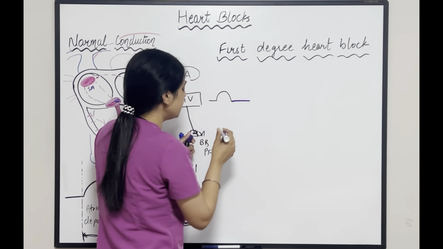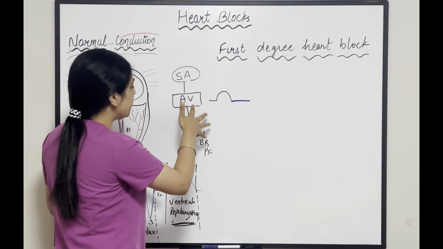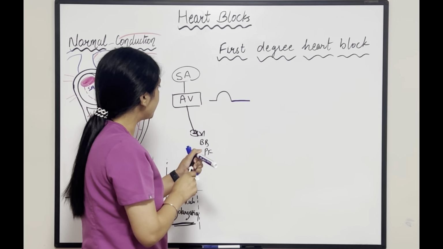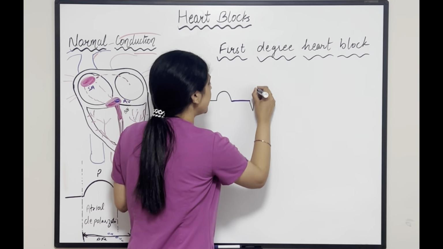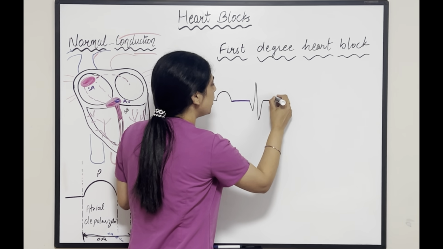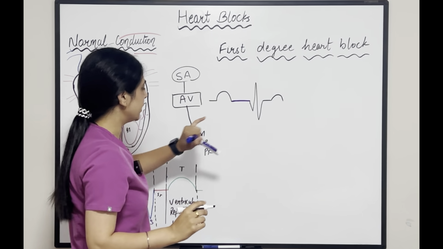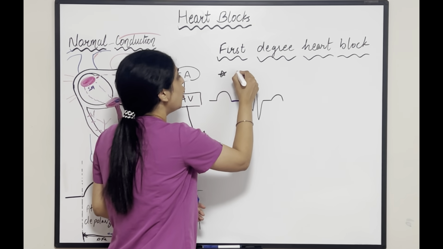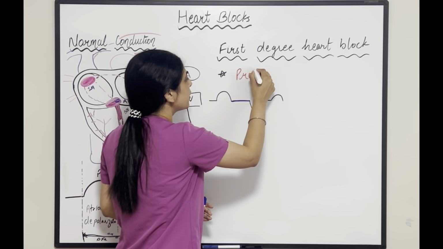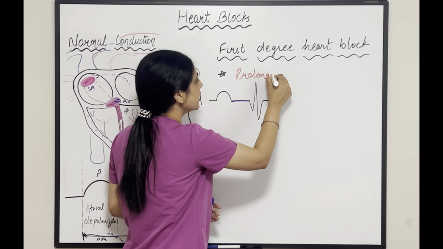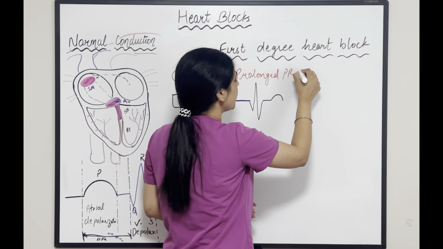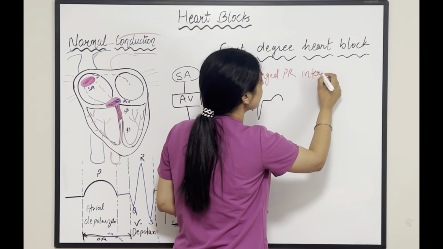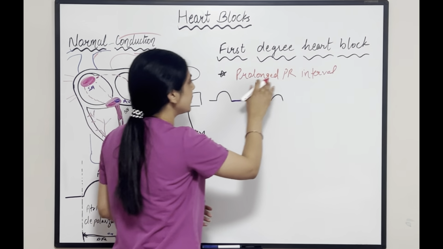When it reaches the ventricle, the ventricle depolarizes normally, so our QRS complex is normal, and then the ventricle repolarizes and the T wave is normal. So what happens in first degree heart block? There is a prolonged PR interval. Prolonged PR interval is the basic characteristic of this.